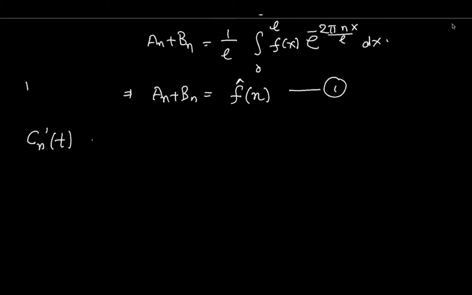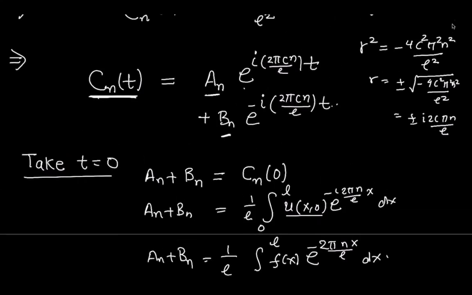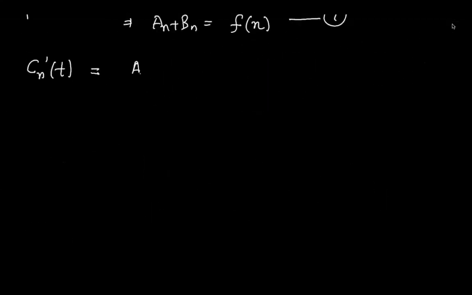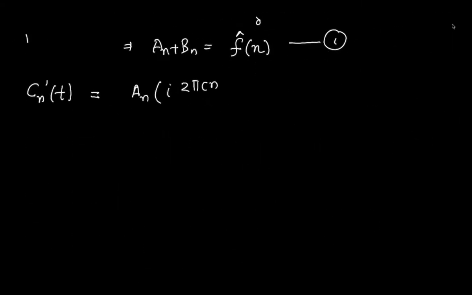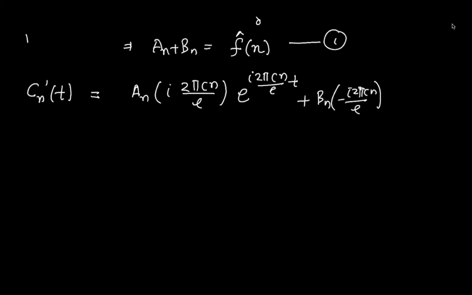If I differentiate with respect to t one time, it is going to be i times 2 pi c n divided by L, e raised to the power i 2 pi c n divided by L t. And similarly b_n this time is going to be minus i 2 pi c n divided by L and e raised to the power minus 2 pi i c n over L t.